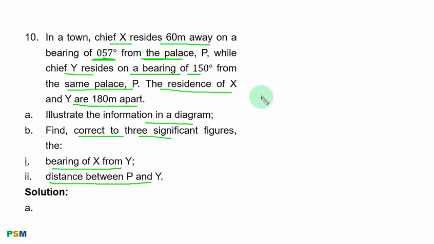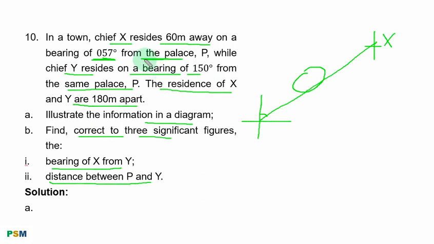So let's draw the palace somewhere here. The given angle is in the first quadrant. From here, you move to the residence of Chief S. This is Chief S. The distance is 60 meters.